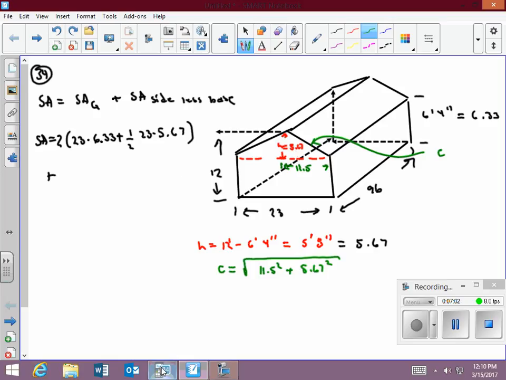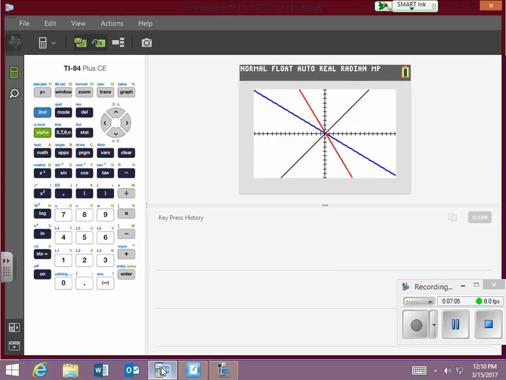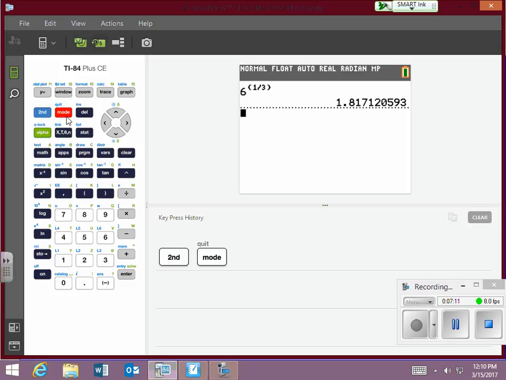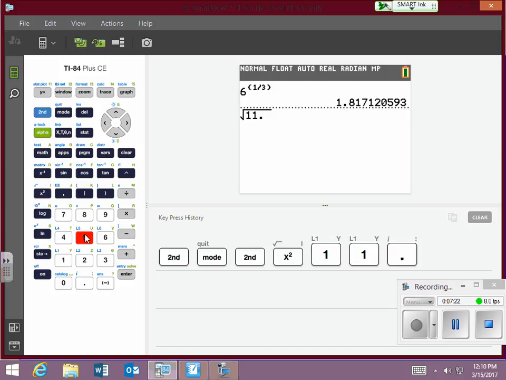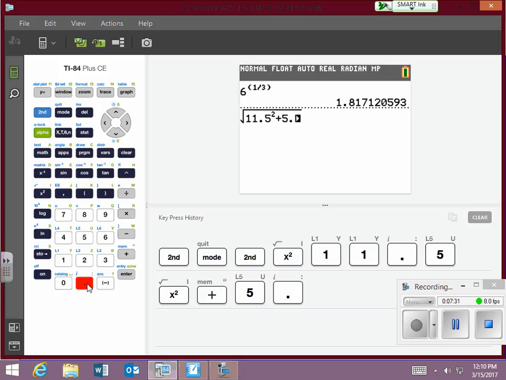This is going to involve a lot of round off here, so it's not as good as I would like it to be. So it's the square root of 11.5 squared plus 5.67, right? That's 12.8. Maybe we do 12.82.